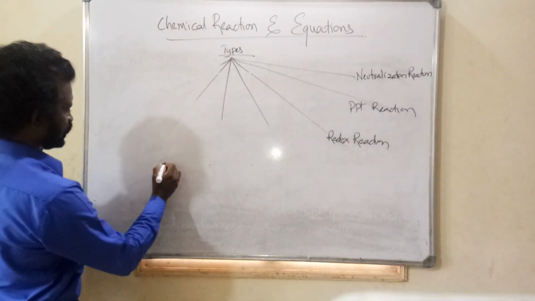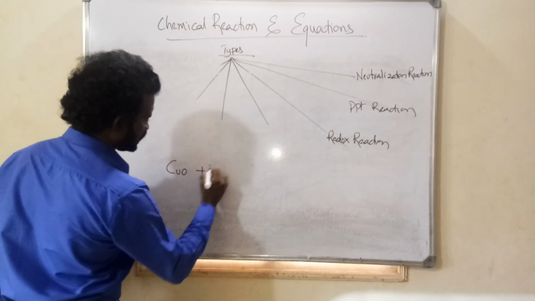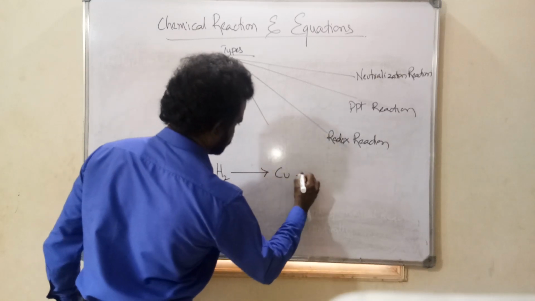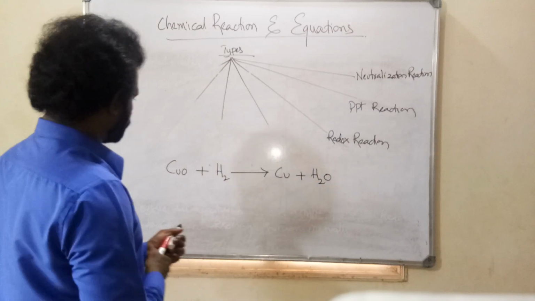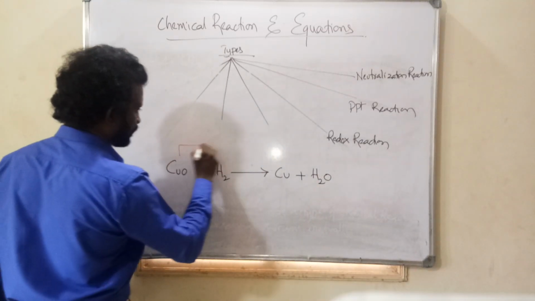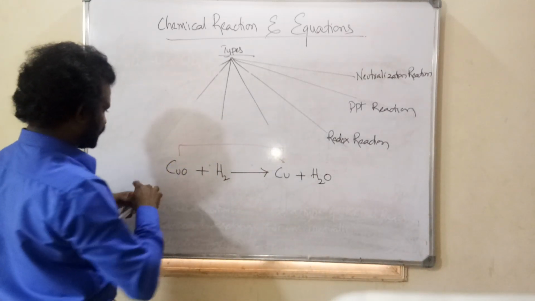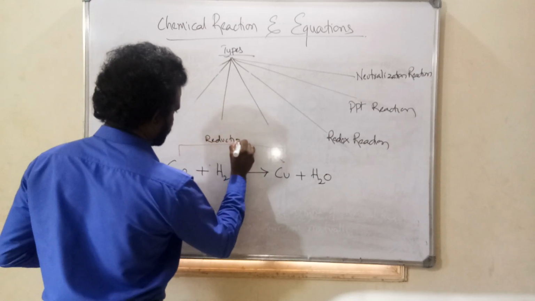For example, copper oxide reacts with hydrogen, giving rise to copper plus water. Here copper is losing oxygen. This is called reduction.